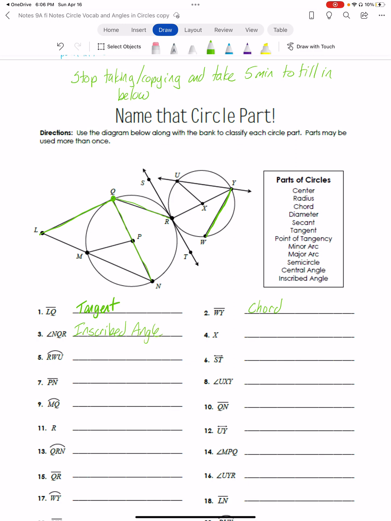Point X is, of course, the center of our circle. Arc RWU, so arc R to W to U, all the way around to U, that's going to be a major arc.